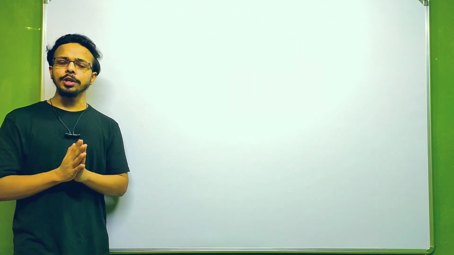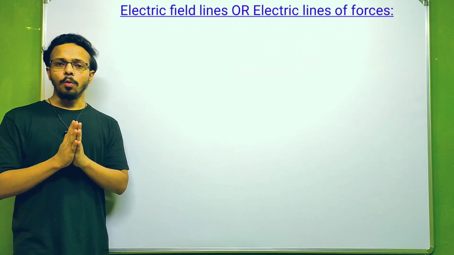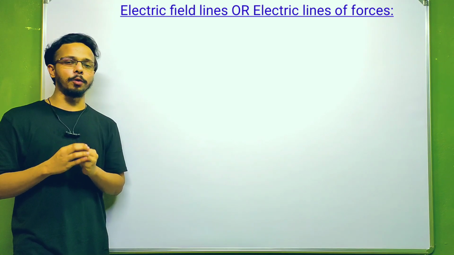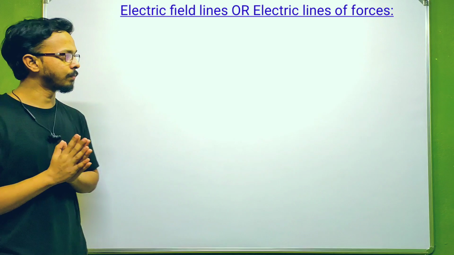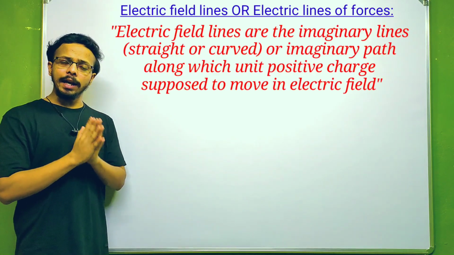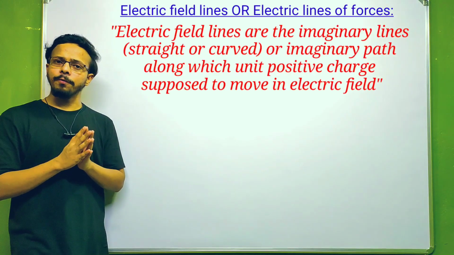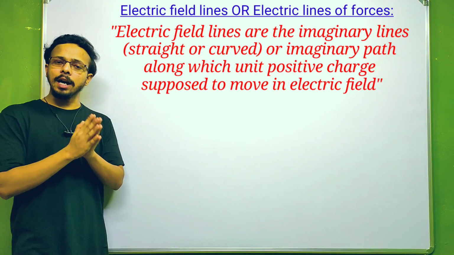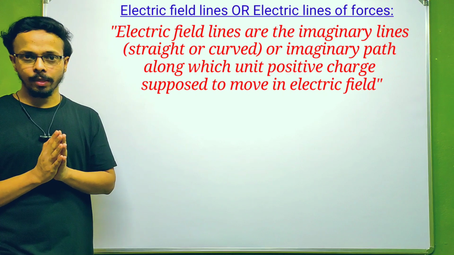So in today's session we are going to discuss what are electric field lines, also called electric lines of forces. So let's start. Electric field lines or electric lines of forces are imaginary lines, or imaginary paths.